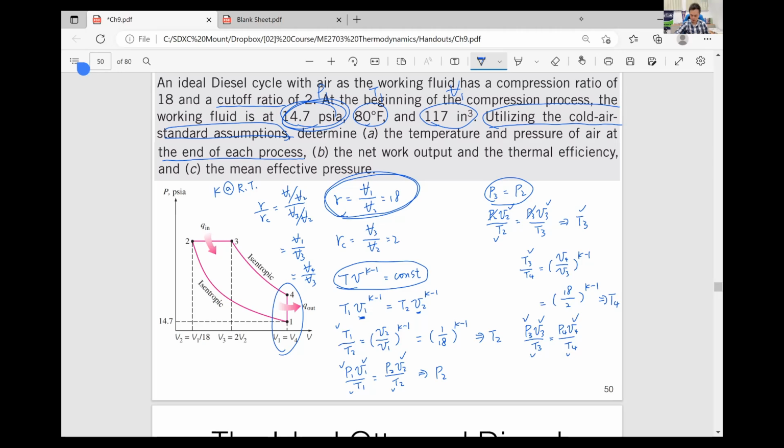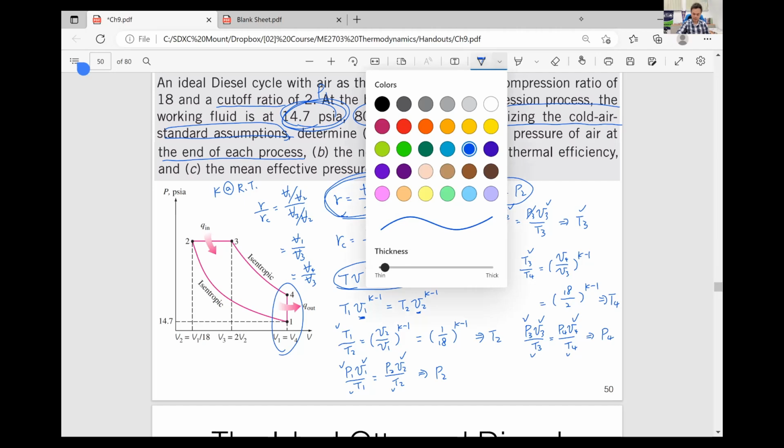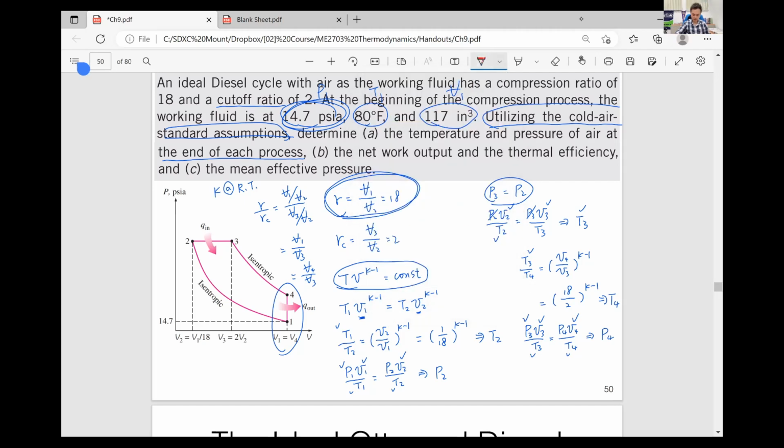T4 and T3 are known, so we can get P4. So we have T2, P2, P3, T3, T4, P4.